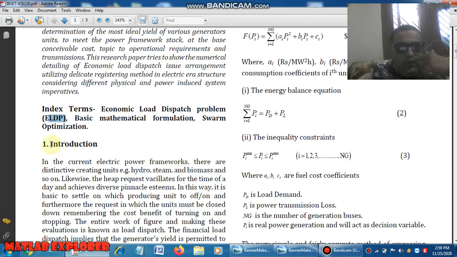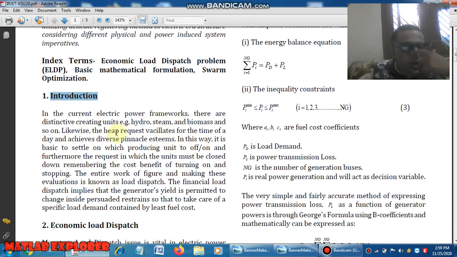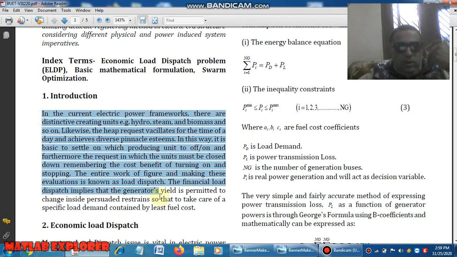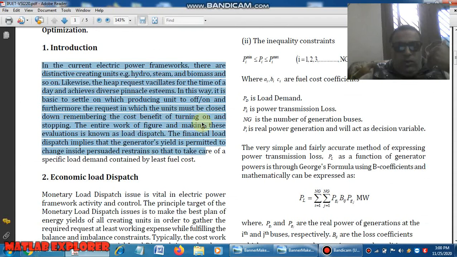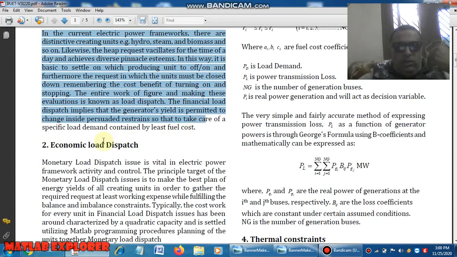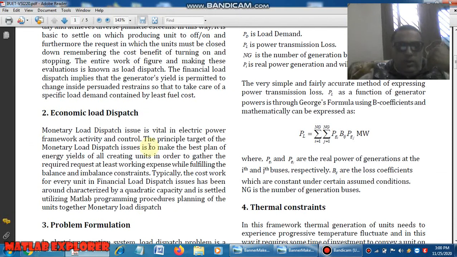Further on is the start of the introduction. In the introduction you can include the introduction of your research area, and then the general problem formulation of your research area.